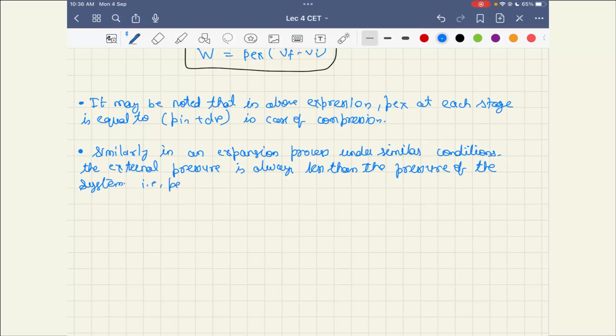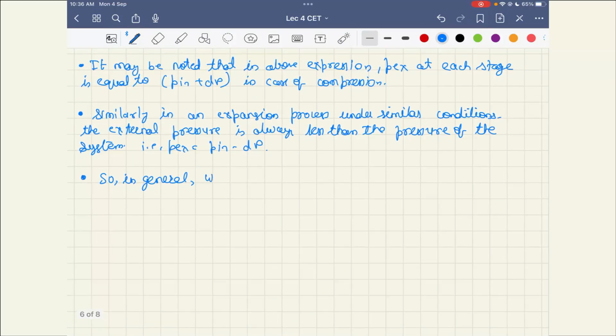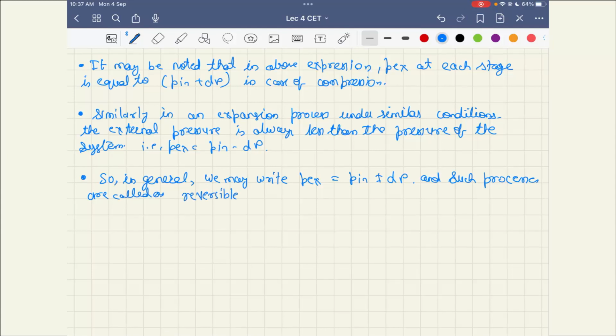That is, P external in that case will be P in minus dP, right? So, in general, we may write P external is nothing but P internal plus or minus dP, right? And such processes are called reversible processes.